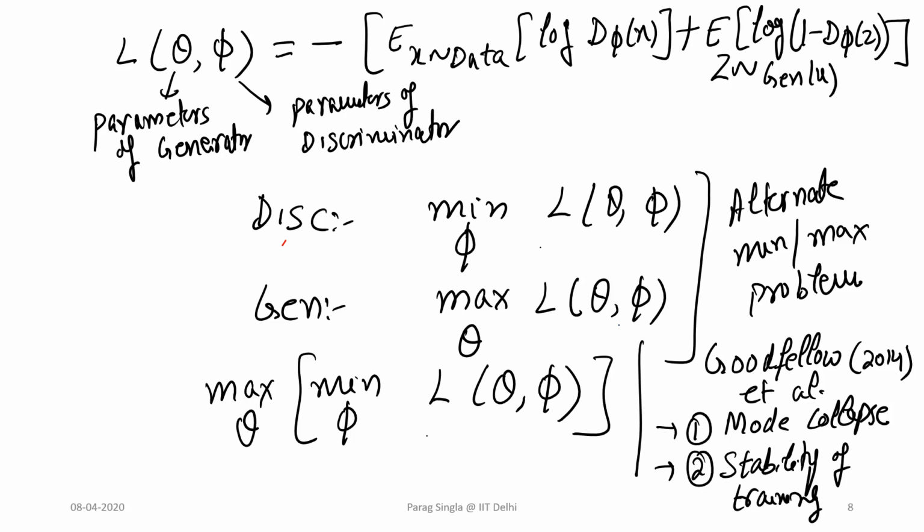Before I go to the last topic I want to cover today, just one minor detail that I want to mention on the previous slide: some of you may wonder that the L theta phi expression that I wrote does not have an explicit mention of the theta parameters. Don't get confused by that.